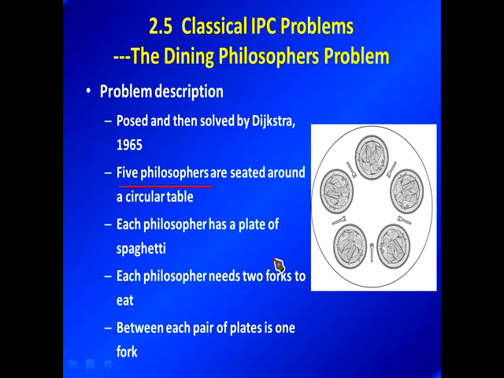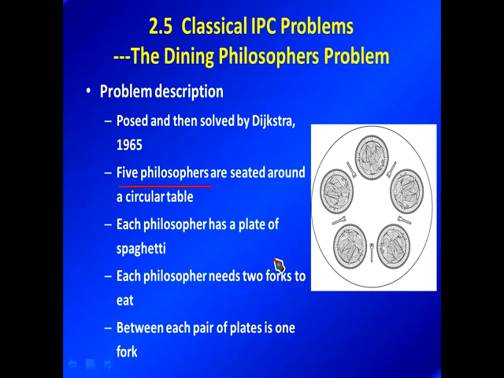And after they eat, they need to put back the forks onto the table. So basically, the philosopher needs to think, eat, and pick up and put back the forks.